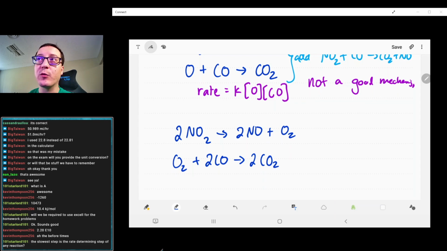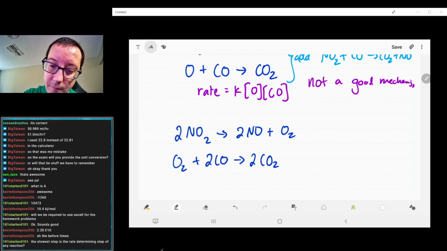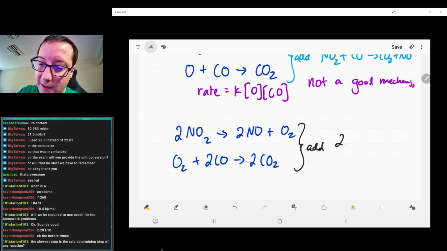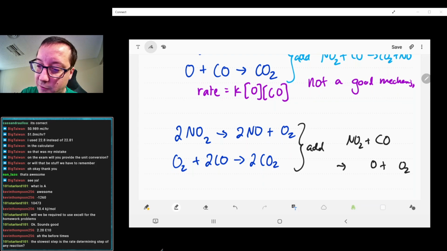Let's look at what the rate laws for these would be. If we add this stuff up, we're still going to get the same thing, right? We get 2NO2 plus 2CO turns into 2NO plus 2CO2, which we would then just get rid of all those pesky 2s, right? We don't care about those in our reaction. So overall, we would still get our overall reaction.